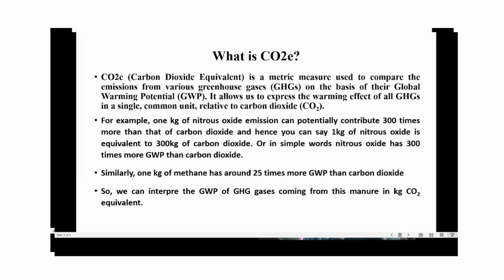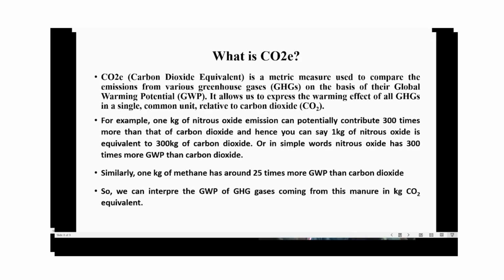It's a metric measure that is widely used by scientists to convert all greenhouse gases except carbon dioxide in terms of carbon dioxide, and it is based on the global warming potential of each individual greenhouse gas. For example, 1 kg of nitrous oxide emission can potentially contribute 300 times more than that of carbon dioxide, and hence you can say 1 kg of nitrous oxide is equivalent to 300 kg of carbon dioxide.